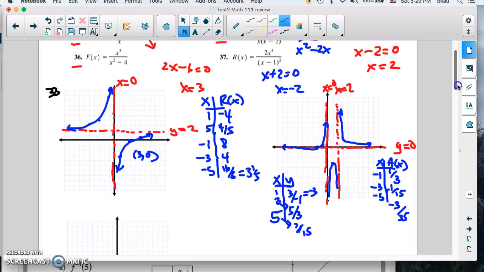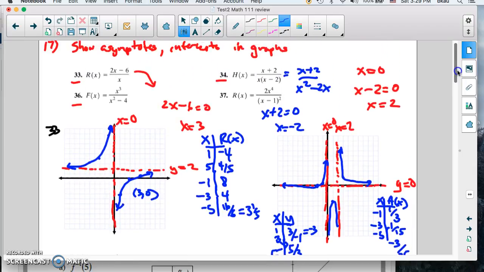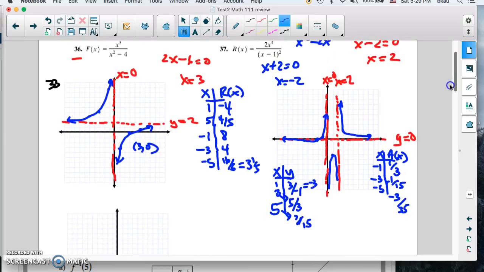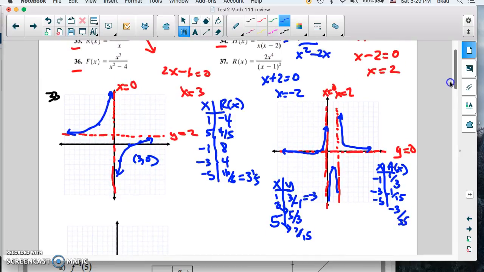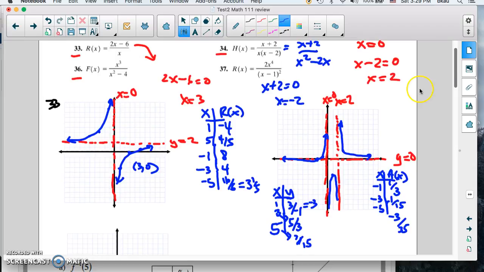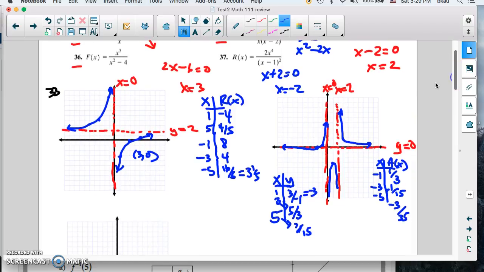All right, 36. It has two vertical asymptotes at 2 and -2. So we take the x cubed over x squared minus 4.